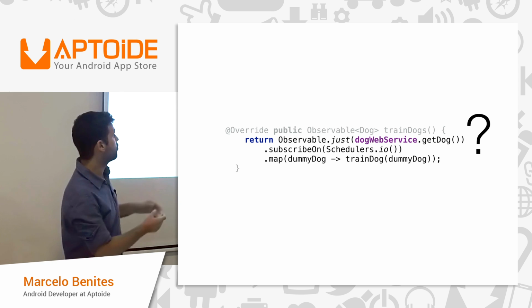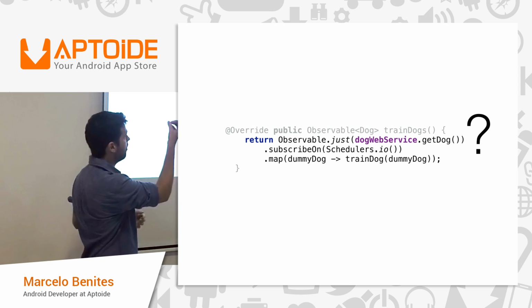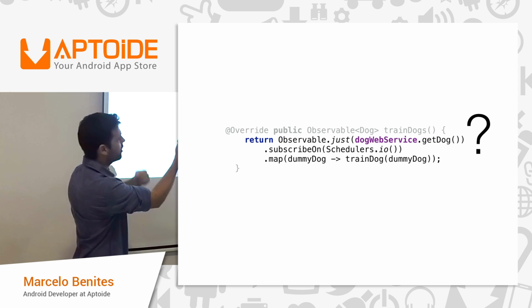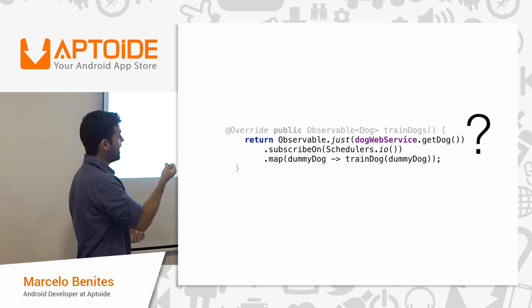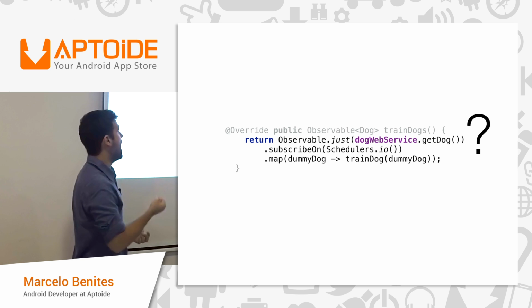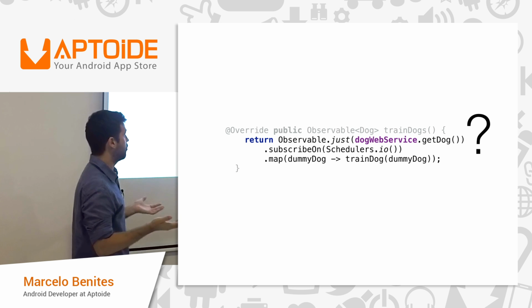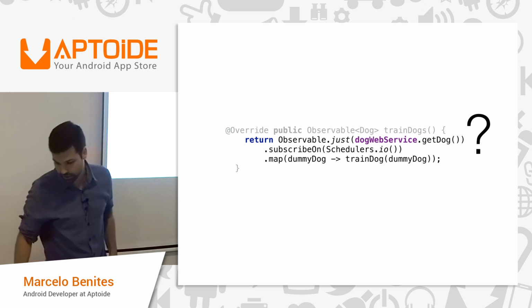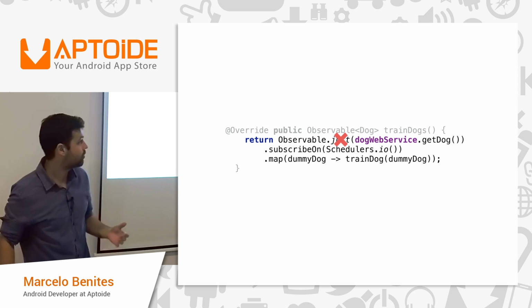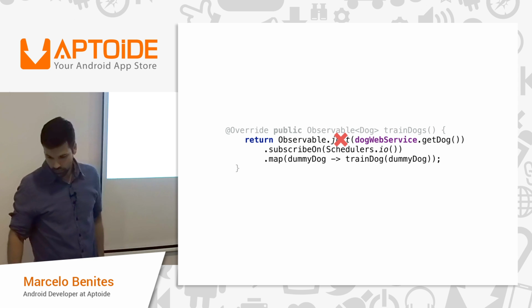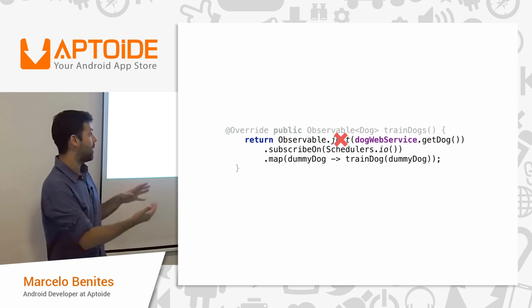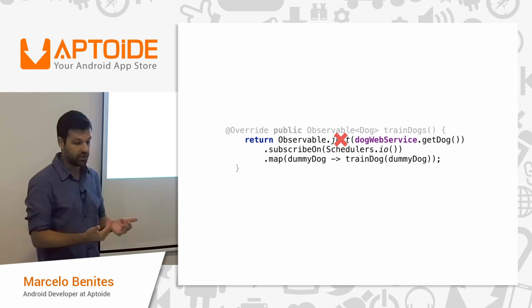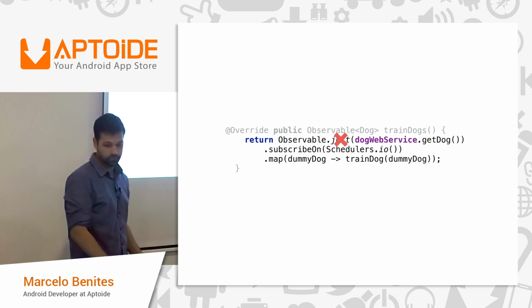So it will first execute, call the network, and once it has the dog, someone would subscribe and then the dog would be returned. So the act of querying the dog would happen in the current thread and not in the I/O thread like we wanted. So this doesn't work in this scenario. We have to be careful about using just. Like I told you, try to be declarative because then you can explore the advantages of having schedulers.